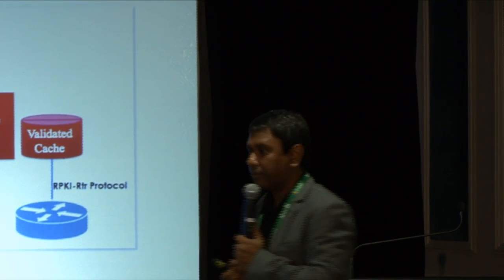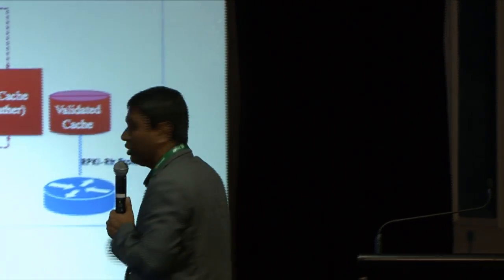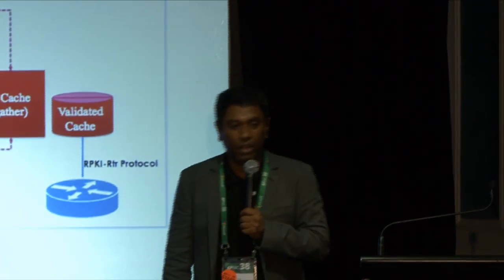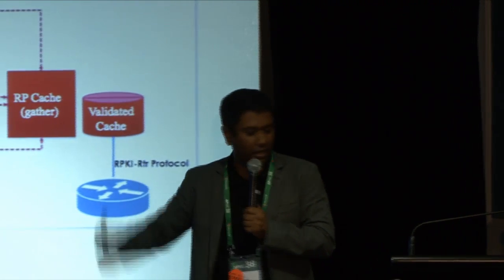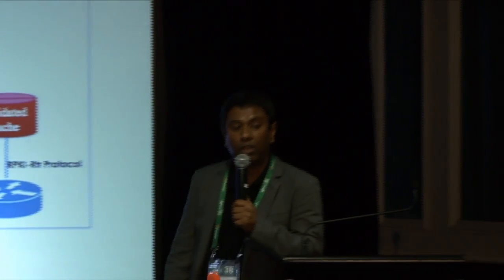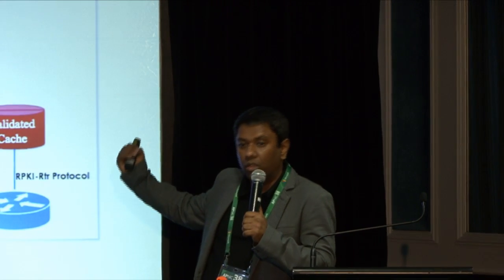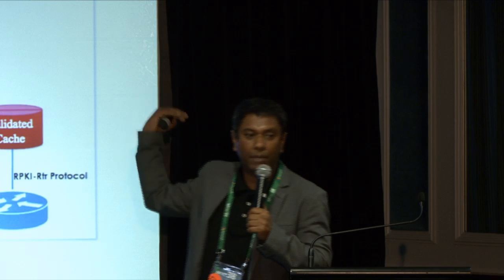If you're running your own cache in your network, it's very easy for you to listen to that cache. If you have 10, 20,000 routers in your network, all the routers will go and listen to your cache servers, the RP cache. And from the RP cache, they can get all those validated certificates. And the job of the RP cache is to sync all those certificates with the publication servers.